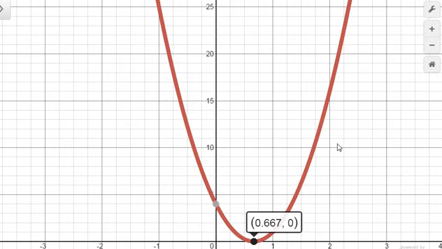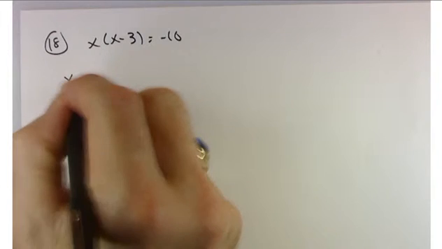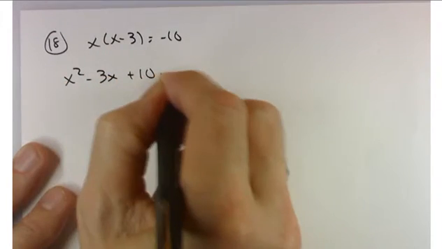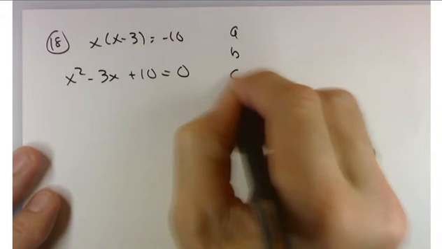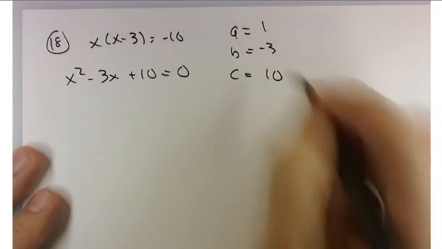Let me get that up here now. Distribute the x, move the 10 to the other side. And then let's take a look at a, b, and c: 1, negative 3, and 10.